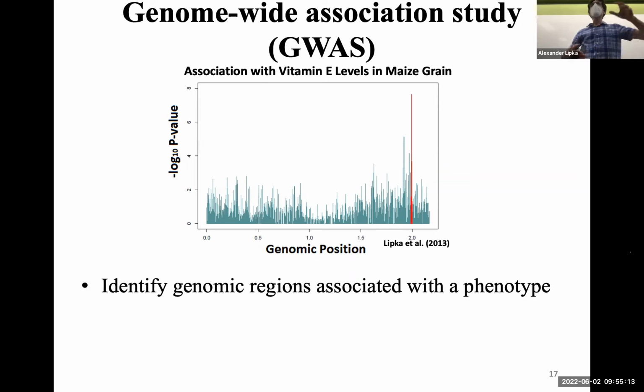So if you have multiple environments and multiple years, is it better to have a separate year and environment and year by environment interaction term versus just combining them all?